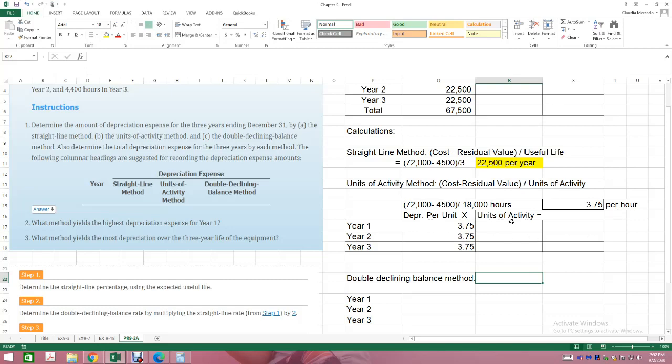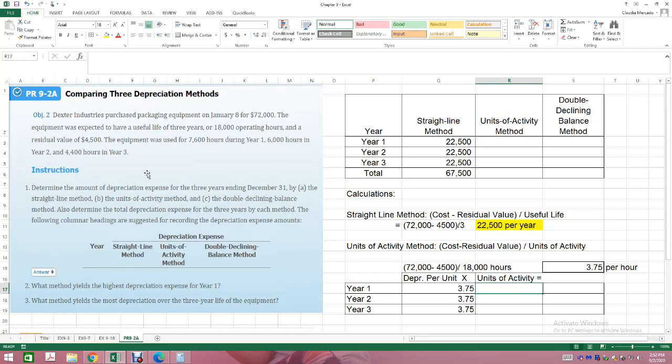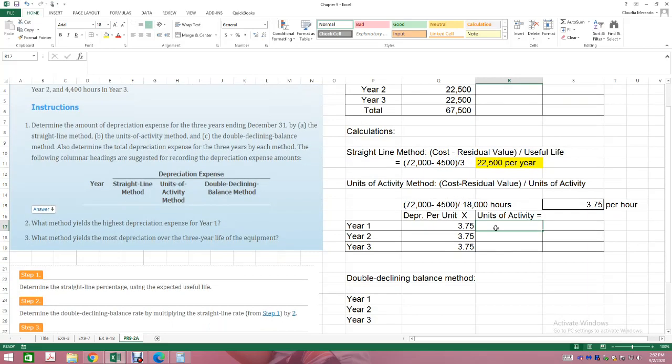Okay, so units of activity. The problem says that year 1 you had 7,600, year 2 you had 6,000, and year 3 you had 4,400 hours. So we're going to multiply our depreciation per unit times our activity.